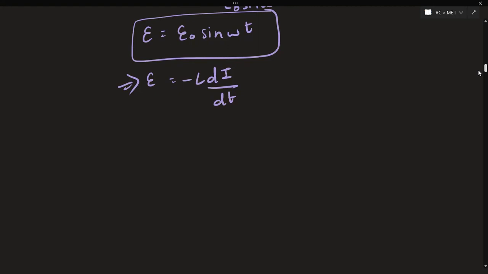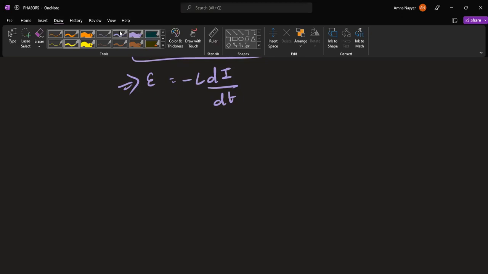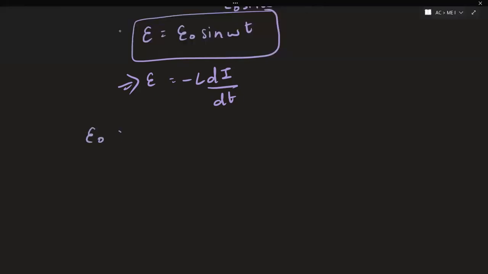Now if E is equal to minus L dI over dt, just put in the value of E. So E naught sine omega t equals L dI over dt. Don't write the negative sign, because the negative sign is helpful only for Lenz's law. Right now we are not concerned with the direction, so simply write L dI over dt. By this also you will get an appropriate answer.